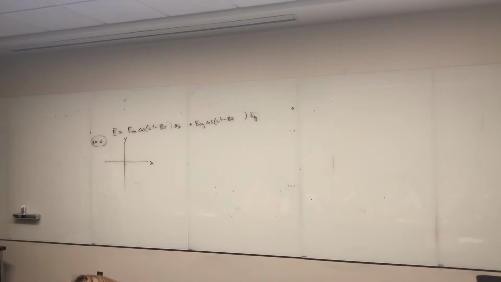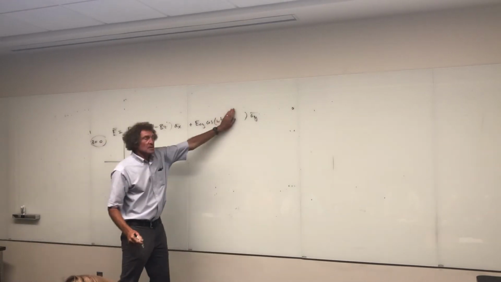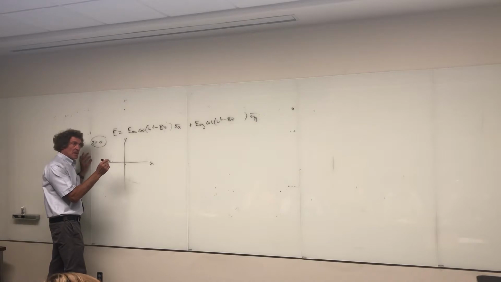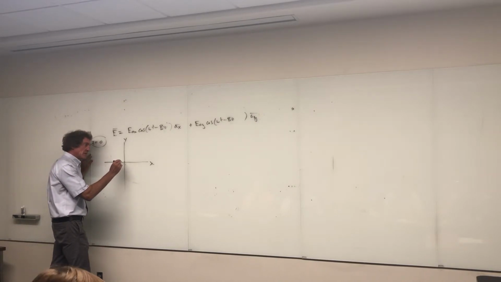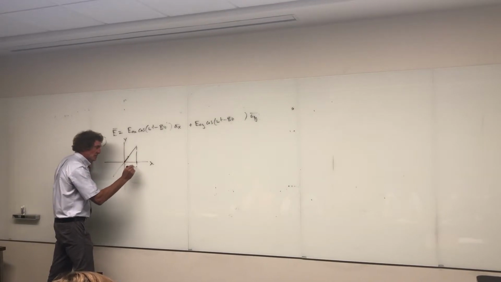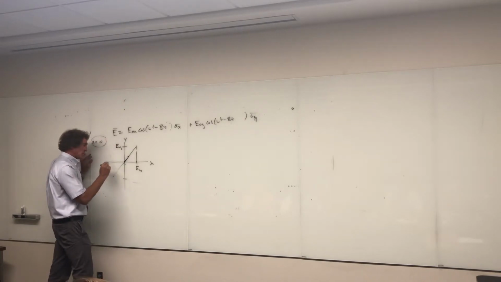Follow me? Now, if you look at this and plotted it versus time at Z equals 0, here's X, here's Y, you would see that basically what you get is something where this would be the maximum E naught X, and this would be E naught Y, and it would be symmetric here.